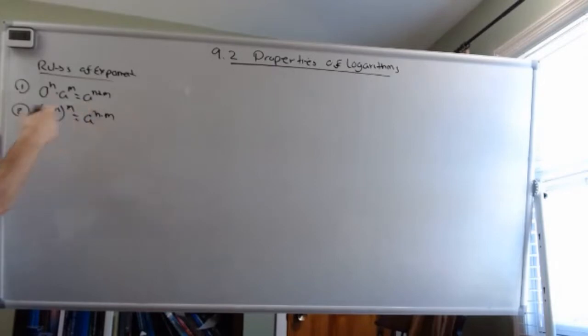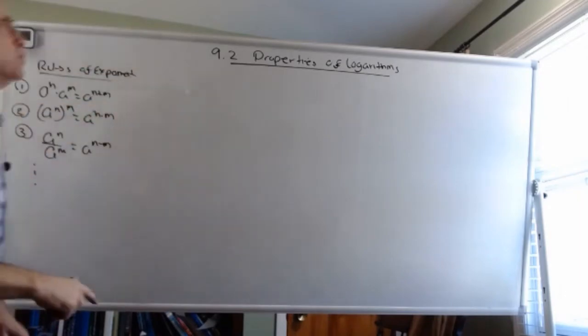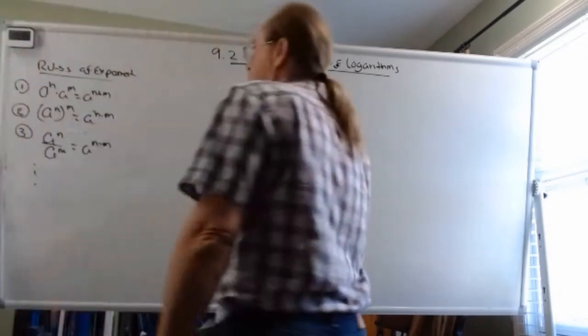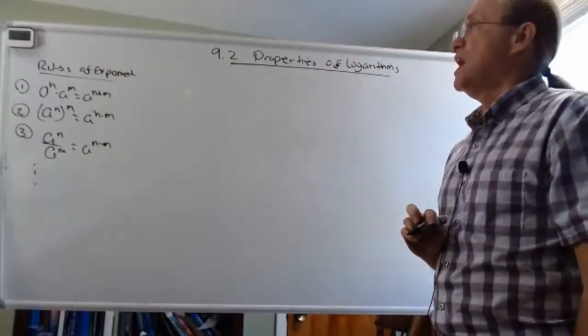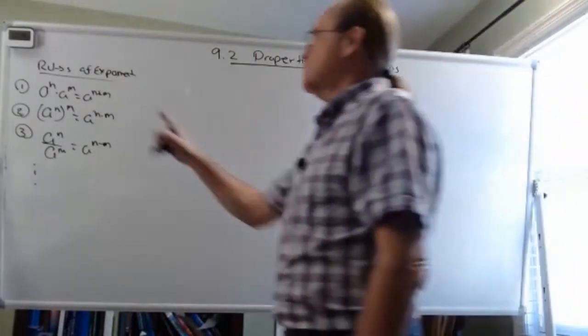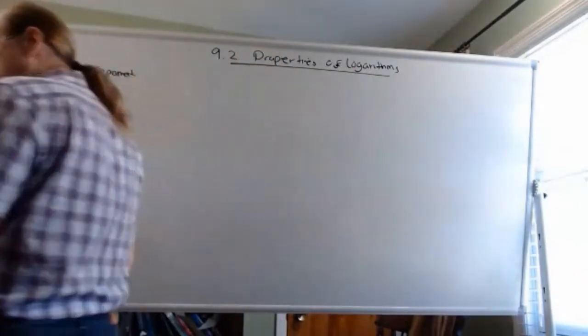We just used that a couple of times. 3, we have a to the n over a to the m is a to the n minus m, etc. There are analogous rules for the logarithms, or properties or rules of logarithms, that we will derive and show. Let's just derive this first one that's analogous to that.